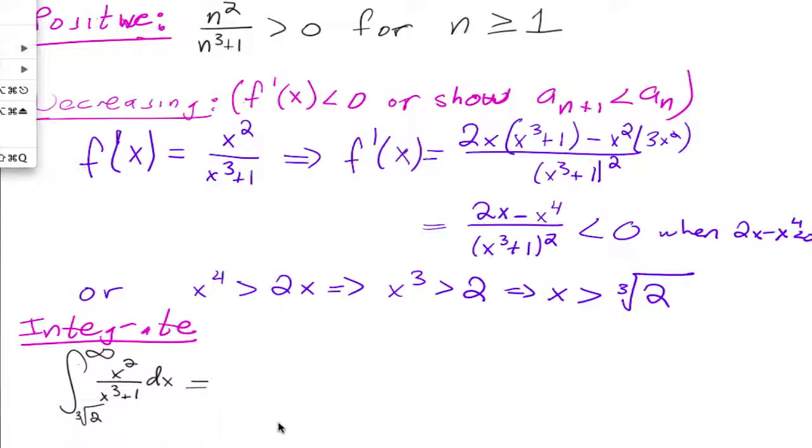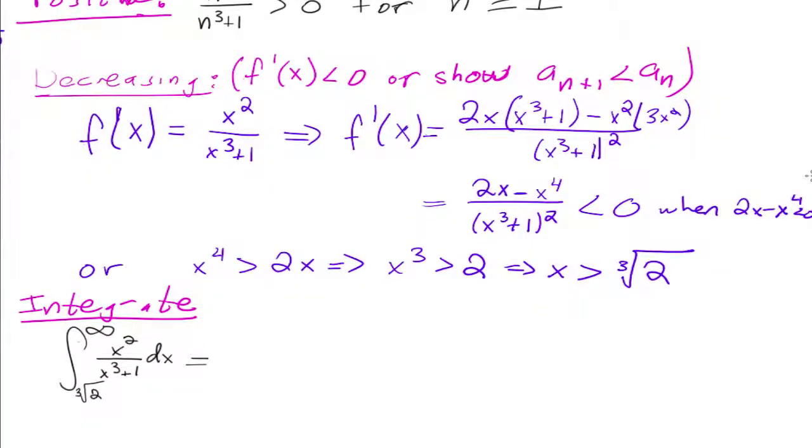Okay, so how do we integrate this? We'll do this one relatively quickly because we are experts at integration. What do we use? U-substitution. U is x cubed plus 1. Du is 3x squared.